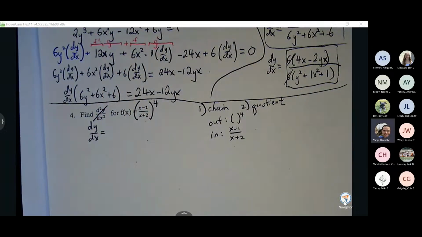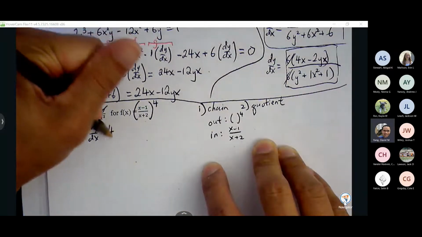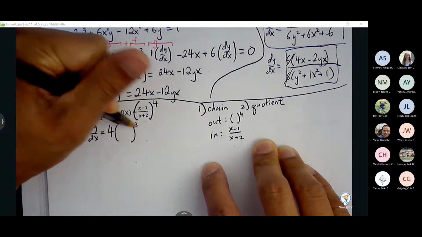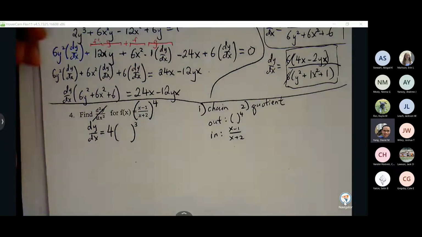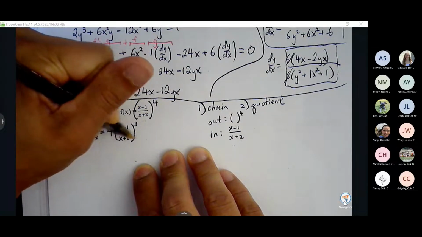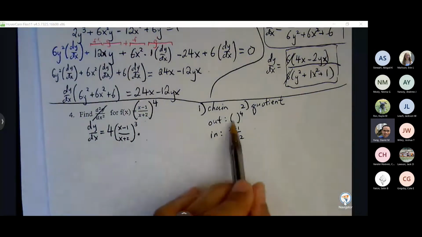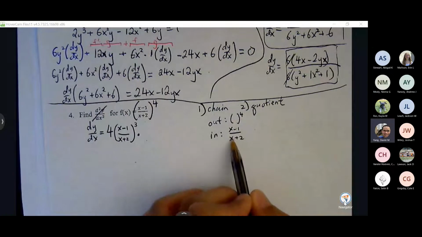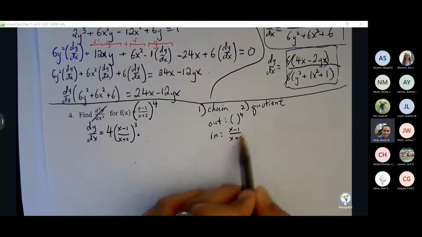Okay. So outside derivative, what does parentheses to the 4th become? 4 parentheses to the 3rd. Okay. And what goes inside here? X minus 1 over x plus 2. Yeah, we don't want to do the derivative just yet, right? So now that we've taken care of the outside portion, now we're ready for the inside derivative, and inside derivative is where we're going to activate quotient rule.